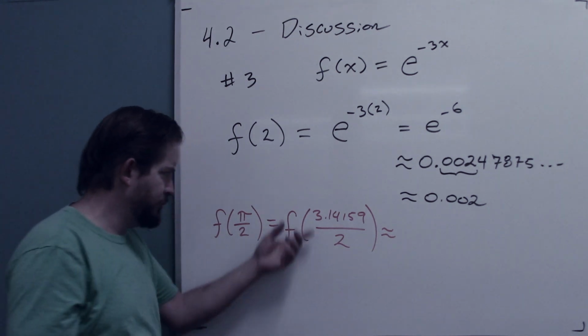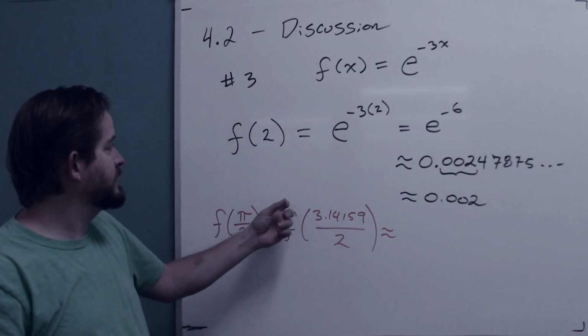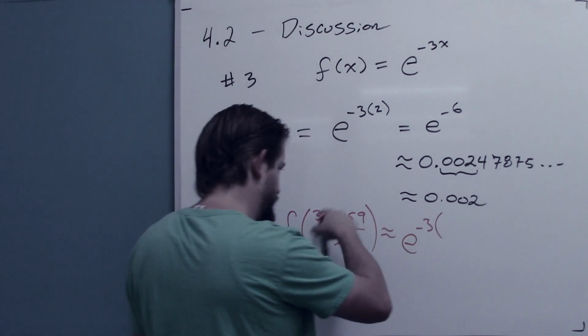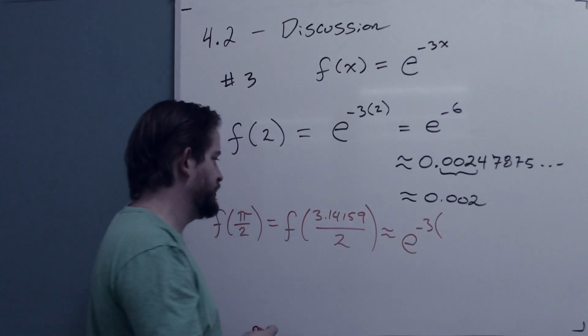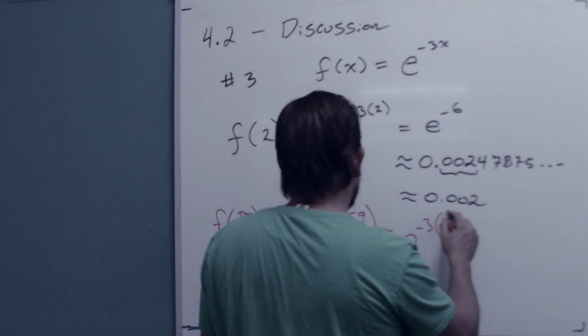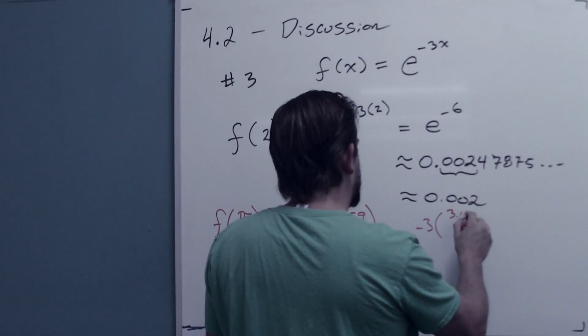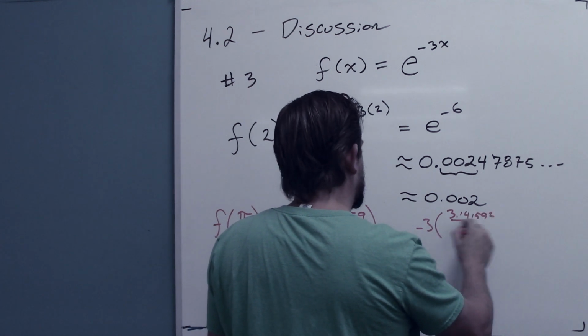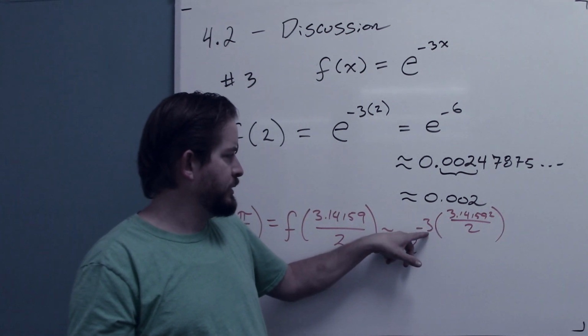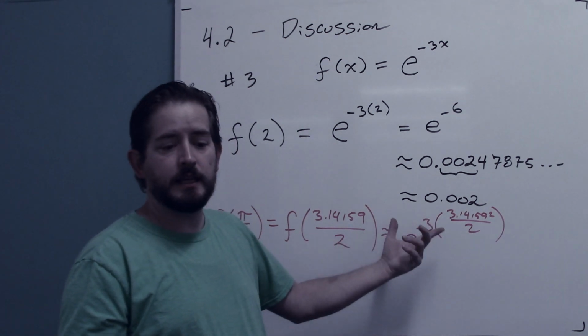And I would have to plug this into a calculator anyway, because this is e to that. E to the negative 3 times whatever that number ends up being, 1.55 something, whatever it is. I don't know, I don't care. 3.14159 over 2. Right? Figure out what that is, multiply it by negative 3, and then take e to it.